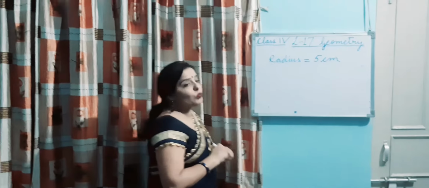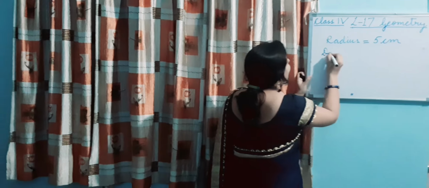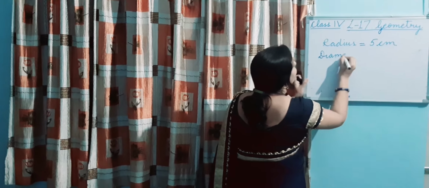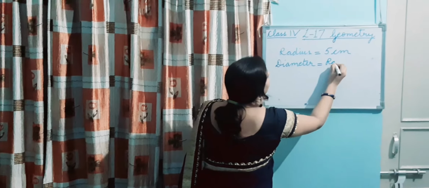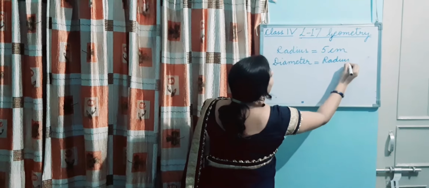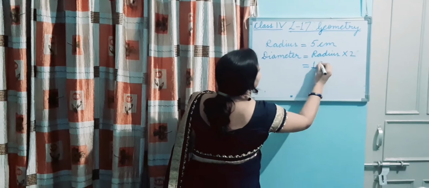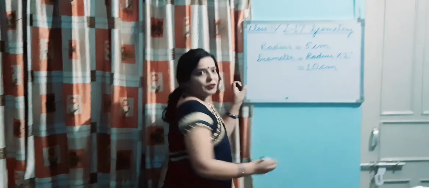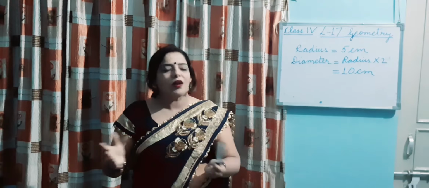So 2 times radius will make the diameter. To find the diameter, what will you do? You will multiply the radius by 2, and you are going to get the diameter, that is 10 centimeter.